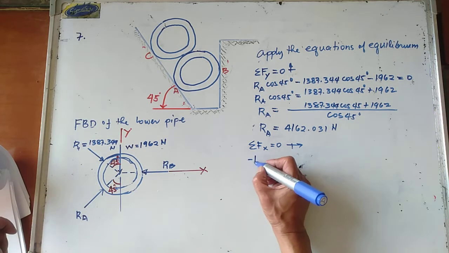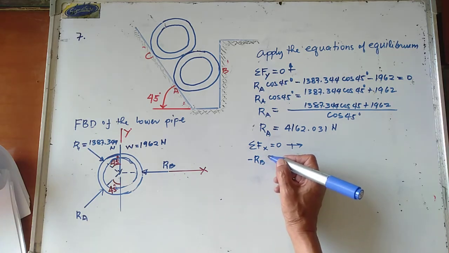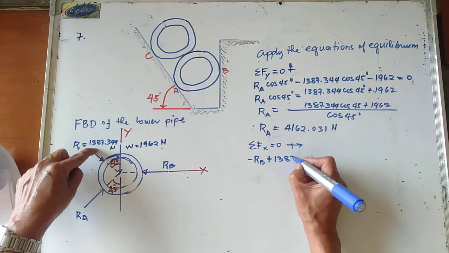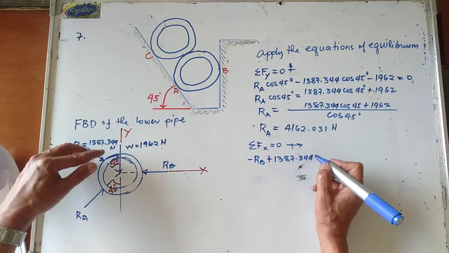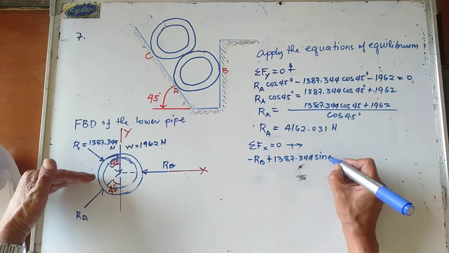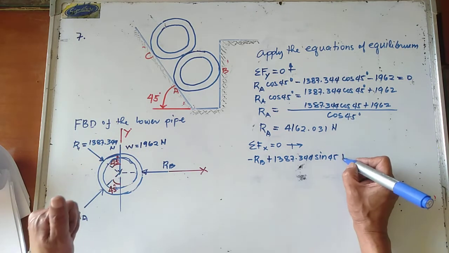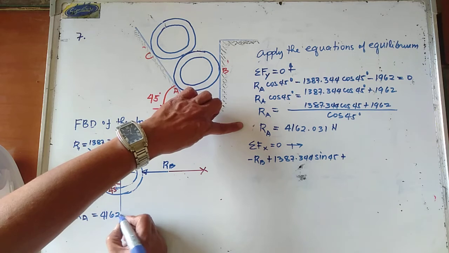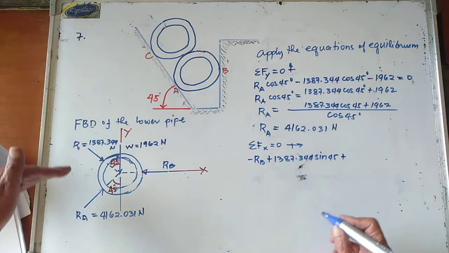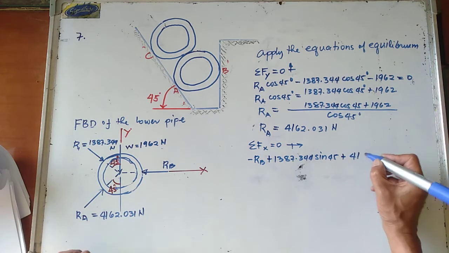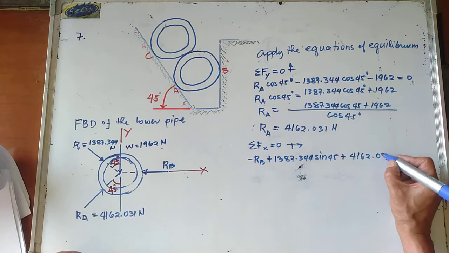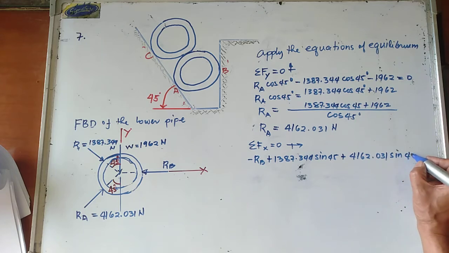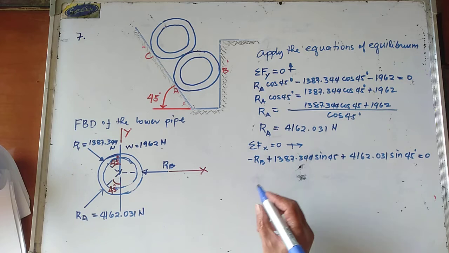Next, summation of forces along the x is equal to 0, to the right forces positive. Minus RB plus R1, and R1 is 1387.344 sine of 45 degrees, plus RA, and RA is now equal to 4162.031 newtons, sine of 45 degrees, and that one is equal to 0.